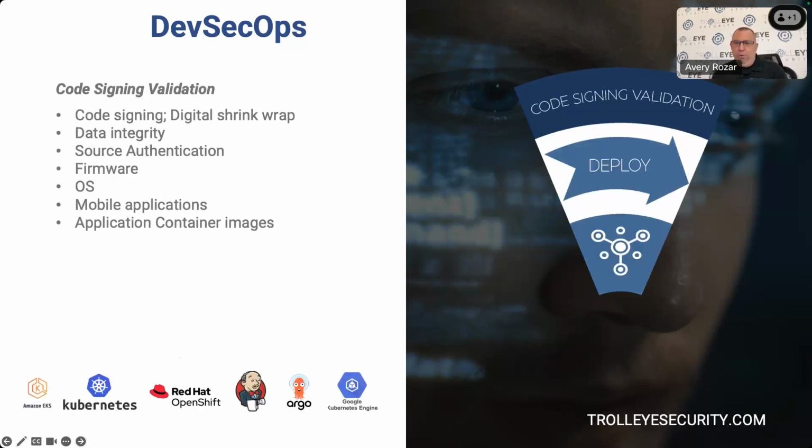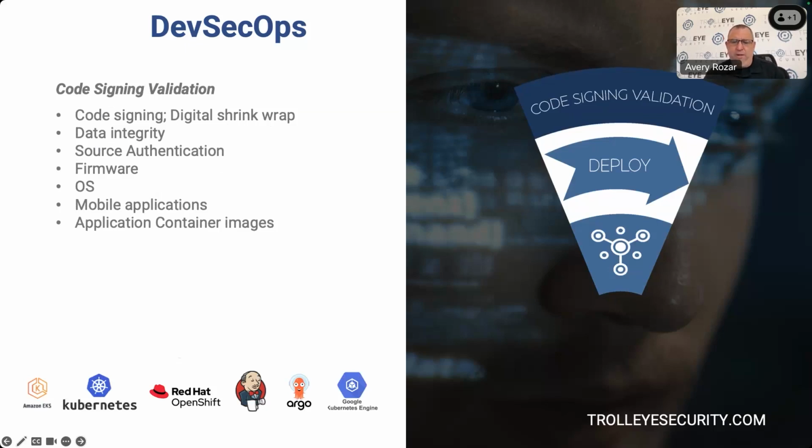So next is your deploy phase. During the deployment phase, code signing is very important. It shrink-wraps the packages, the applications, and even your container images. They have the ability to do code signing using cryptographic techniques, and it binds the image to a specific entity or organization.